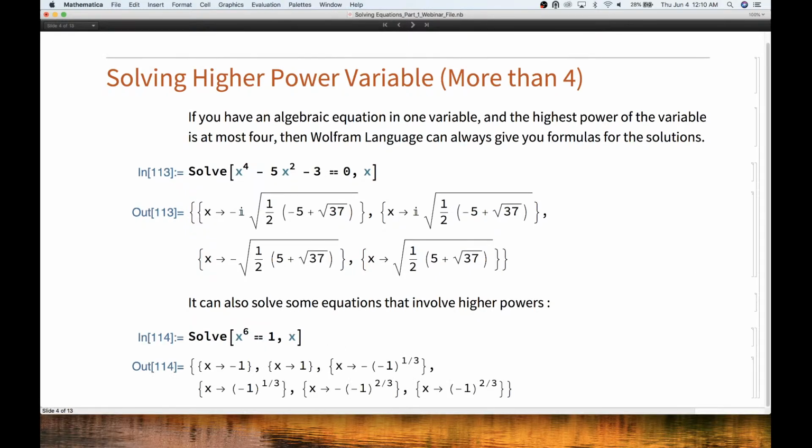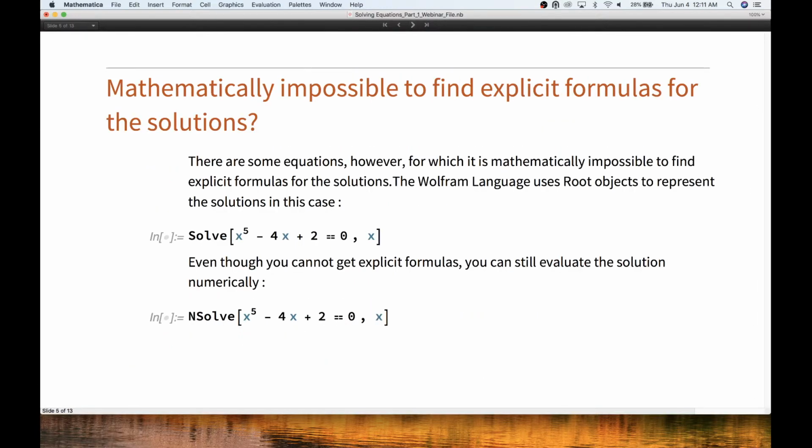Now, you must be wondering how to solve equations where it is impossible to explicitly get algebraic formulas. For that, in Wolfram language, we use a function which gives the results in Root objects. So let's take a look at that. There are some equations for which it is mathematically impossible to find explicit formulas for the solutions, so Wolfram language uses Root objects to represent the solution in this case.